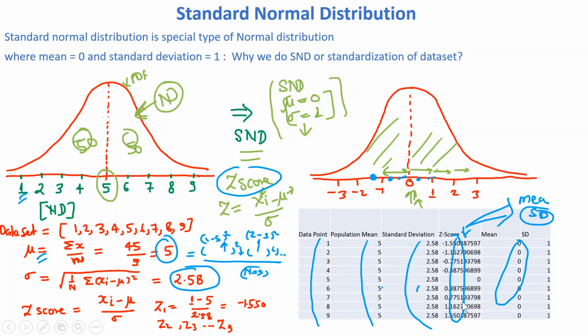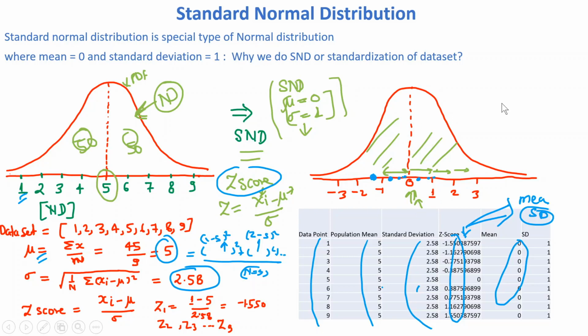If you calculate the standard deviation of these data points, you will get 1. Now we verified that if we have a normally distributed data set and we apply this Z score formula, we will get the standardized data set, that is also called the standard normal distribution.